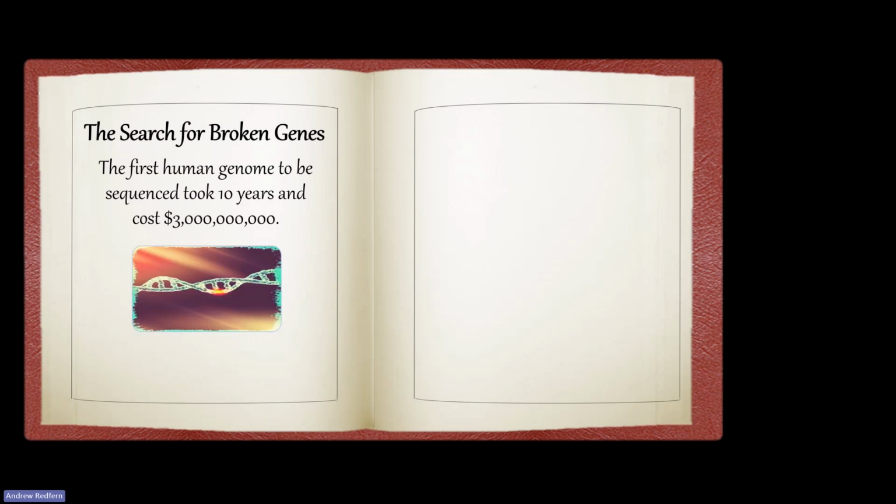And the first genome, it took 10 years and $3 billion to sequence the first human genome. Clearly, you can't have this done on your cancer. However, now it's done in 48 hours for $1,500. So that shows the amazing advance in technology here. So we now can do it on cancers if it's useful.